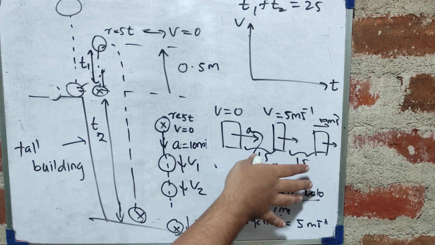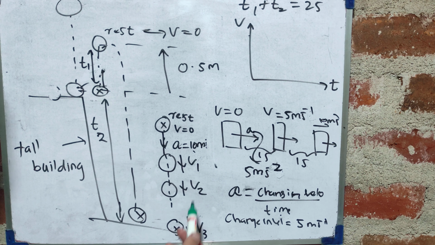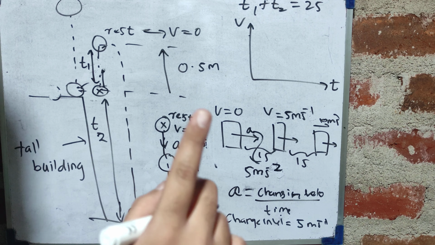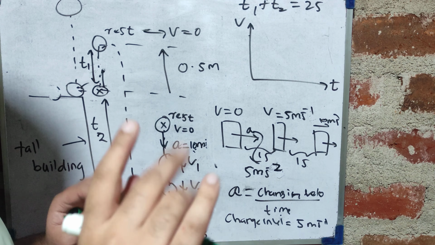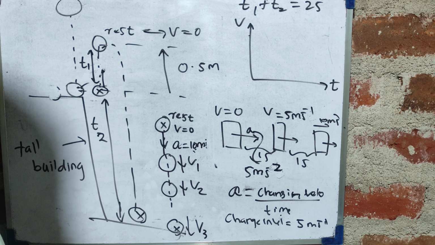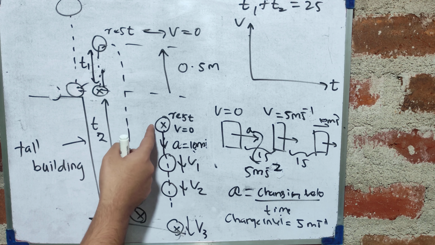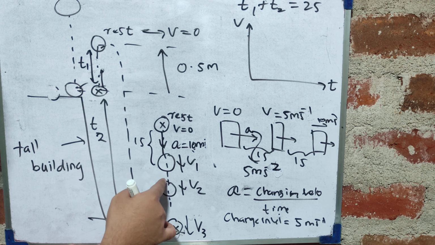This is what is happening in the vertical motion, because it has a constant acceleration of 10 meters per second squared. In every 1 second the velocity will increase by 10 meters per second. Now let's take from here to here, 1 second.